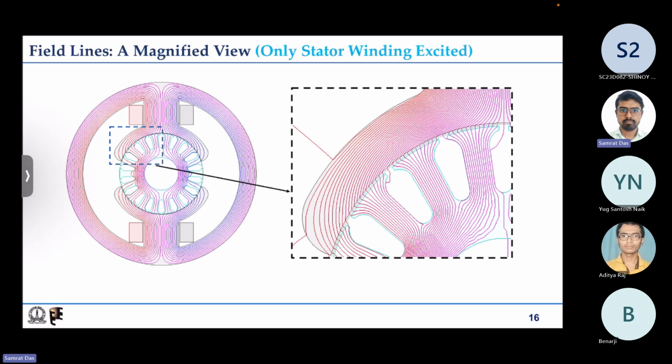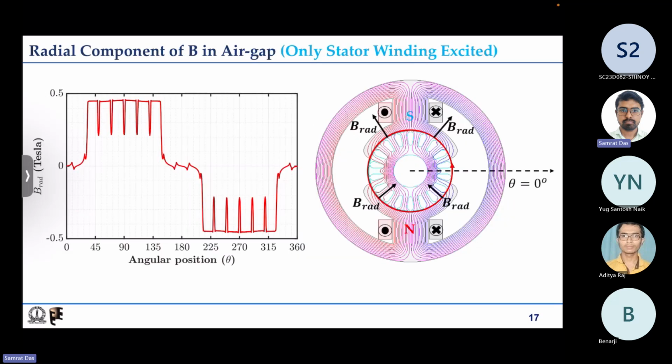So that leaves a vacant flux density region at the middle of the slot opening, and on the two sides it gets diverted. So that is what we found, that there are dips in the radial flux density distribution. So these dips correspond to the slot openings of the armature.